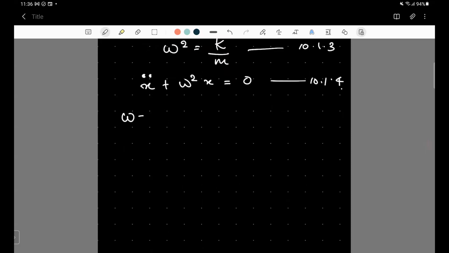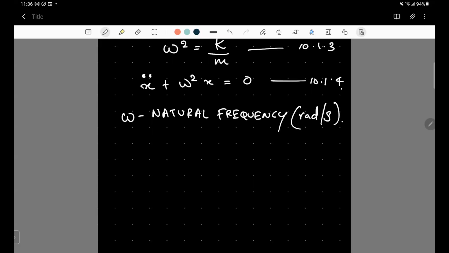This is usually expressed in terms of radians per second or revolutions per minute, if you may.